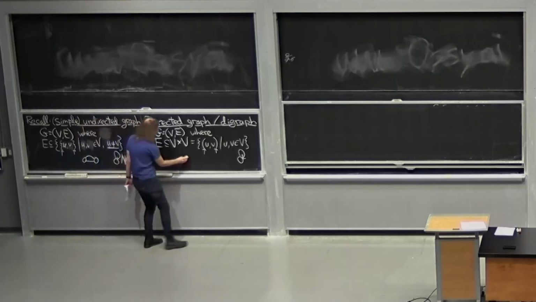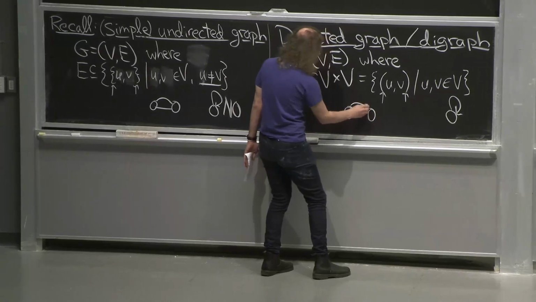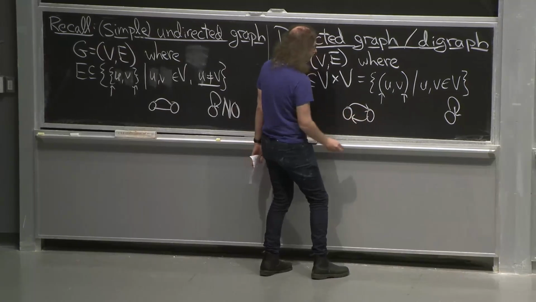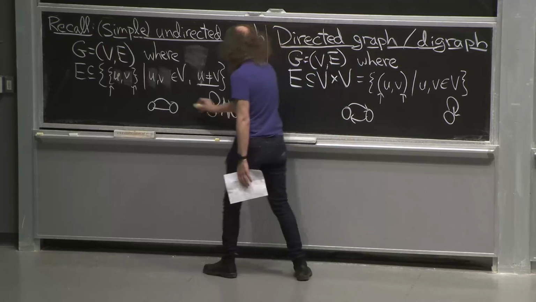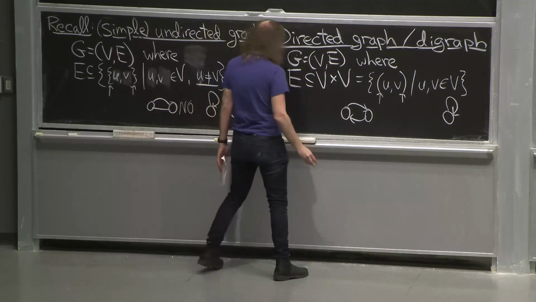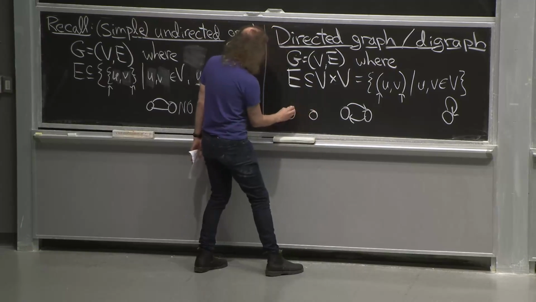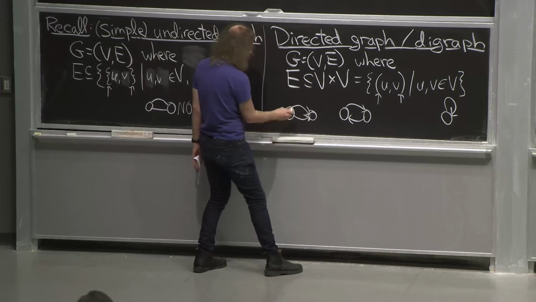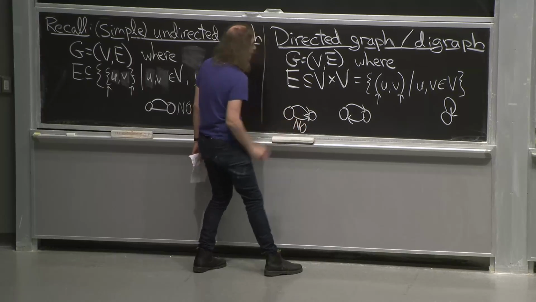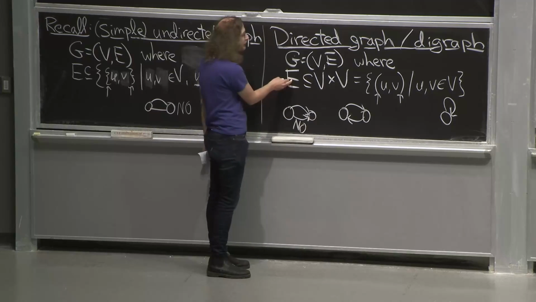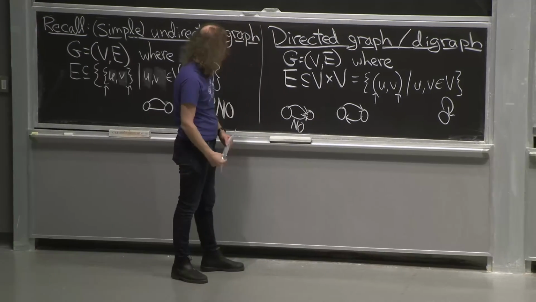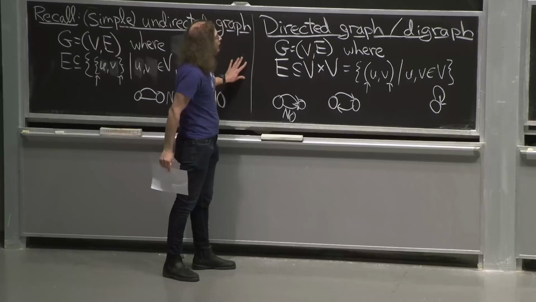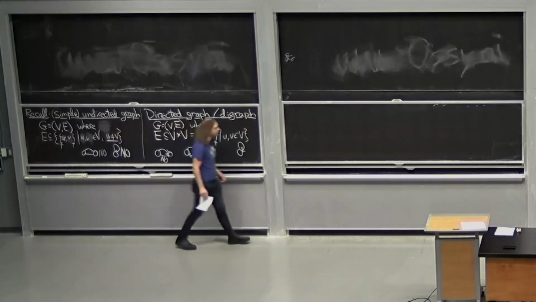Here we allow 2 edges going in opposite directions. So this was a no. We still forbid, in this picture, having 2 edges going in the same direction between the same 2 vertices. Okay, that's a consequence because E is a set. You're only allowed to have 1 of each. So that's the definition, very simple.